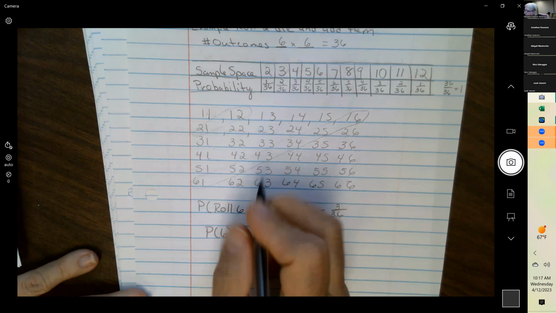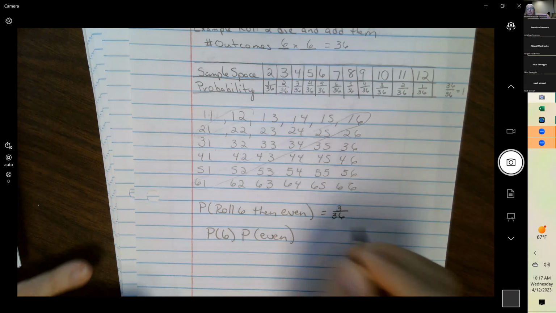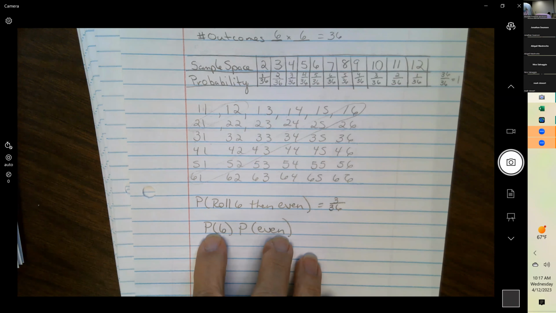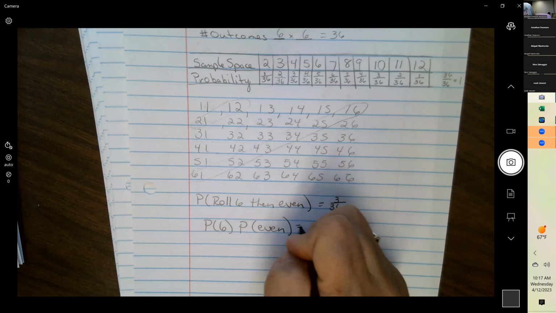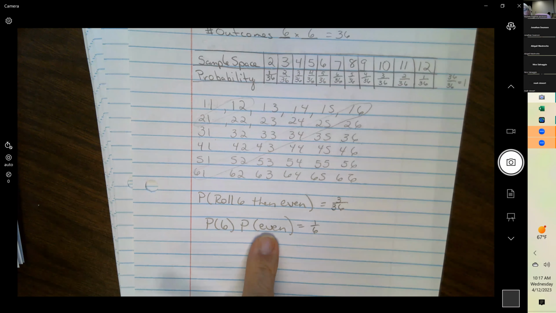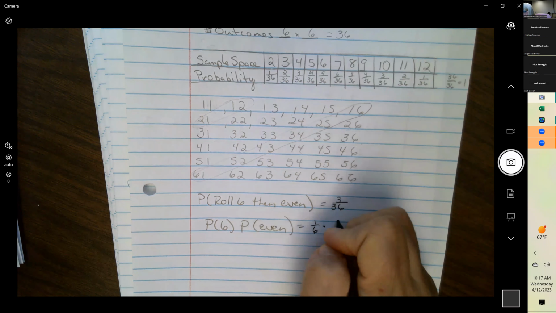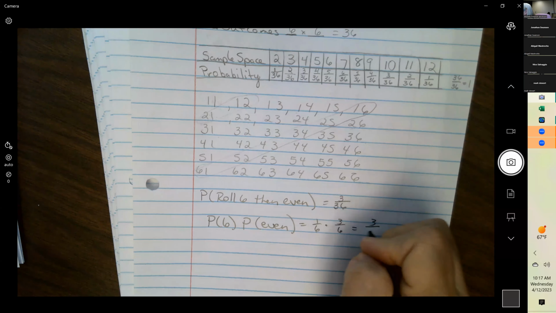Looking at it this way, instead of looking at the whole sample, you're looking at each one individually. So the first die, when we roll a 6, there's only one of them. That's 1 out of the 6. And we roll the next die, and even, there's 3 that are even.